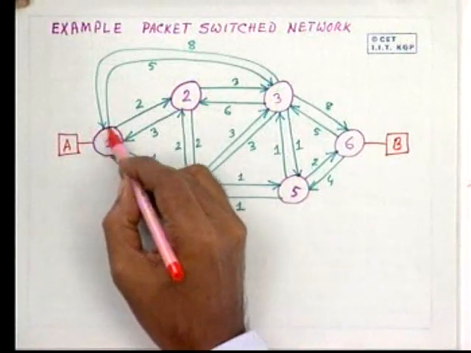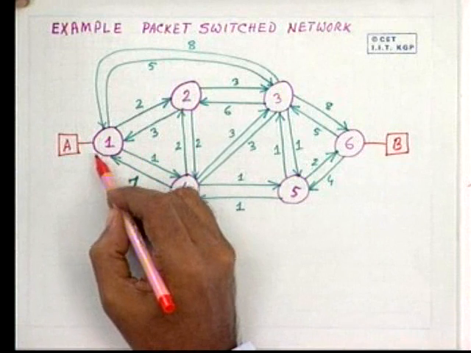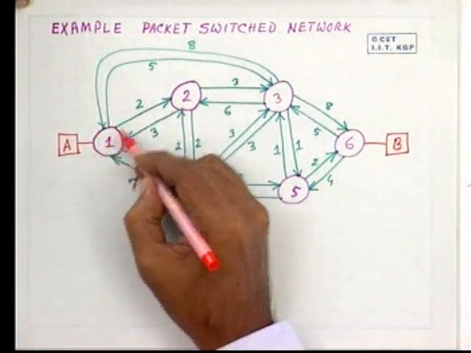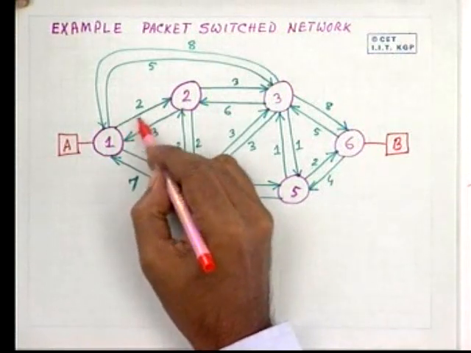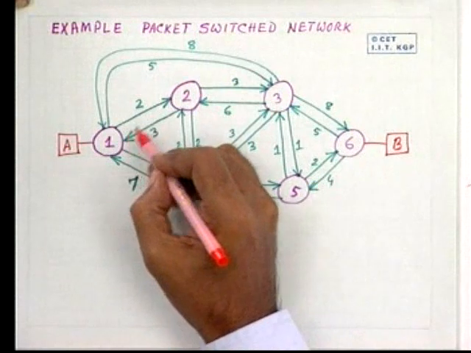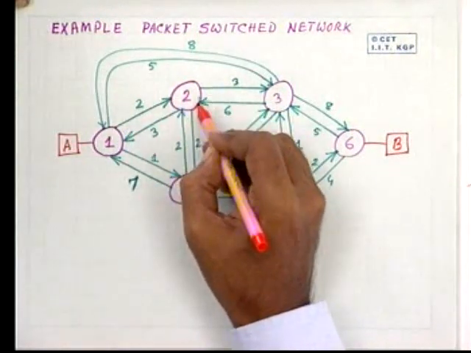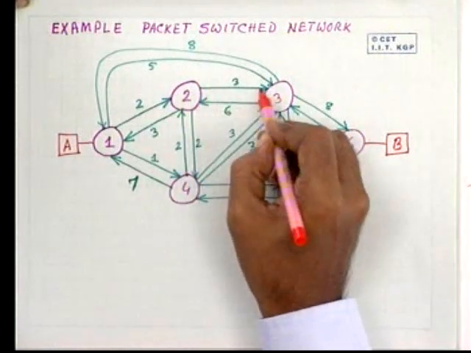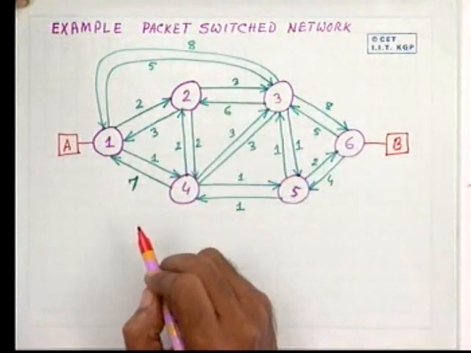Now, one point you must understand: if you look at a particular node, when a packet is introduced, its role is to transmit it to one of the outgoing links, and similarly, as it reaches the other node, after receiving it, it will transmit it through one of the outgoing links.